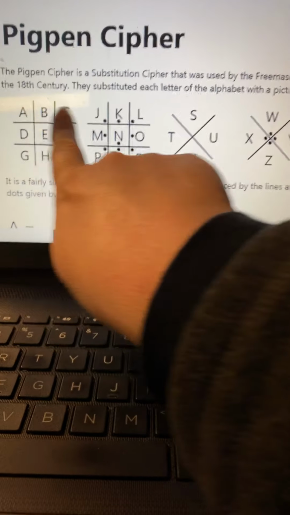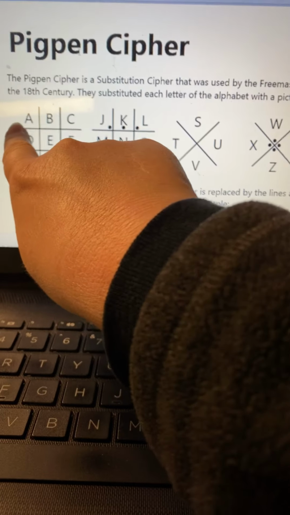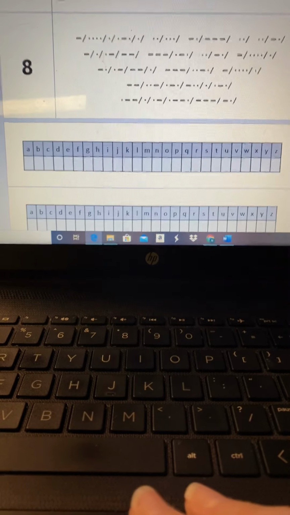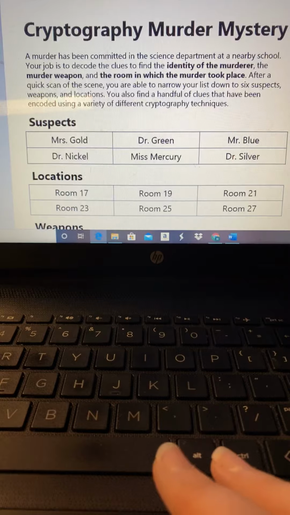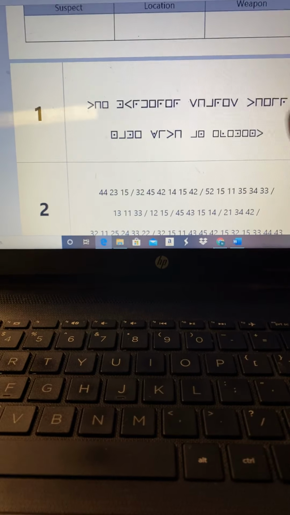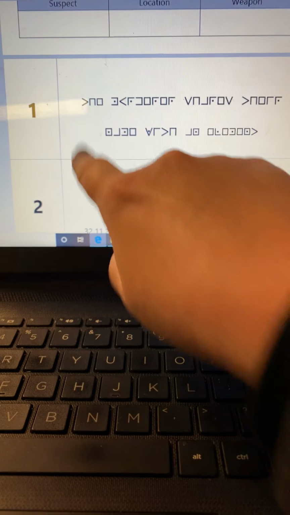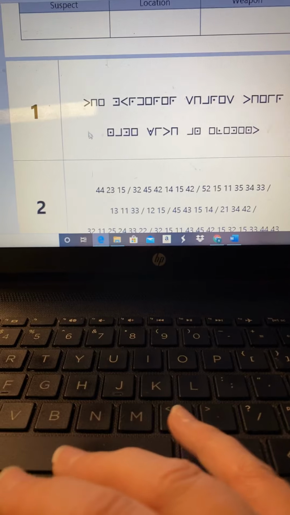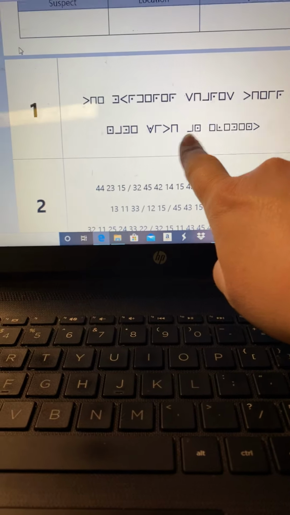So on these grids, let me flip back over. For number one, here are all of your pictures, okay? So you are going to find each of those pictures. Right here, do you see this one?